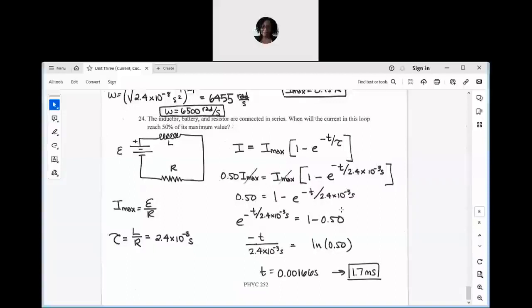And then on the right-hand side, if I take a natural log of both sides after basically subtracting this 1 off, or the way that I did it here is I added e to the minus t over the time constant to both sides and then subtracted 0.5 off, I'm going to end up with the natural log of 0.5. So that's still going to yield a negative value, but that negative is going to cancel this. So t over that time constant is going to give me the magnitude of the natural log of 0.5. And what I end up with here is legitimately 1.7 milliseconds. So not a unit conversion error like that previous question.